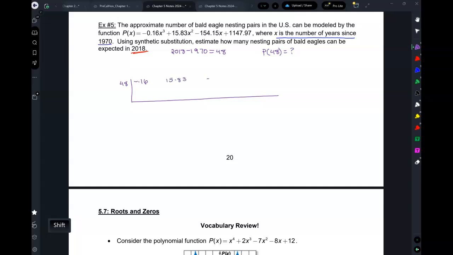15.83, negative 154.15, 1147.97. So negative 0.16 comes down. Go ahead and take out your calculators. Multiply this. Because there are 2 decimal places for each of them, we have to go to the correct number of decimal places.